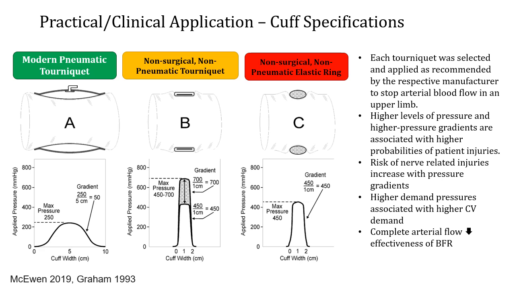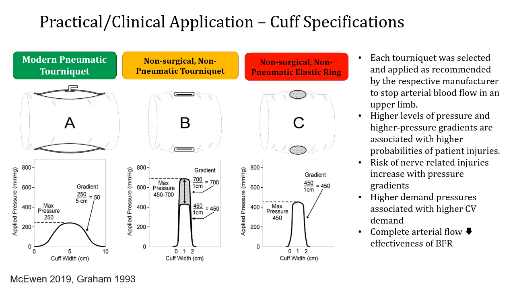Each of the tourniquets was selected and applied as recommended by the respective manufacturer to stop arterial blood flow in the upper extremity. Higher levels of pressure and higher pressure gradients are associated with higher probabilities of patient injuries, as I was alluding to.